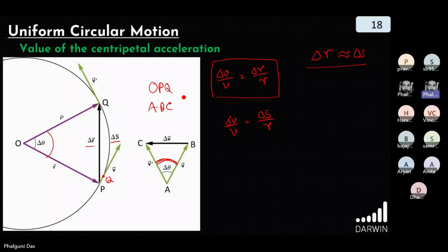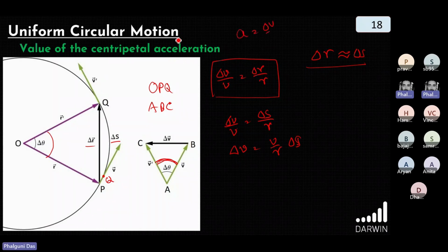Now the rest part is kind of geometric or algebra, you can say. We will find delta V is equal to V by R into delta S. The point is we need to find the value of acceleration, right?